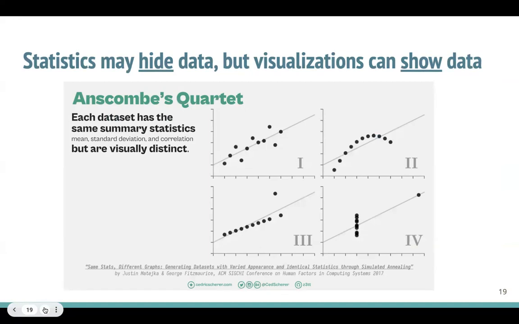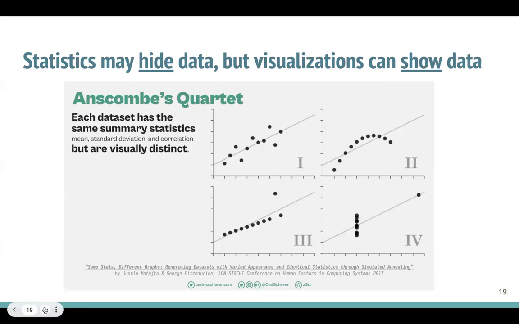What that means here is, in front of you, you see 4 graphs, okay? They're different graphs, 1, 2, 3, 4. They're showing different data. But interestingly enough, the summary statistics of these data, the mean, the standard deviation, that is essentially the variance, the correlation, are all the same in all of these.